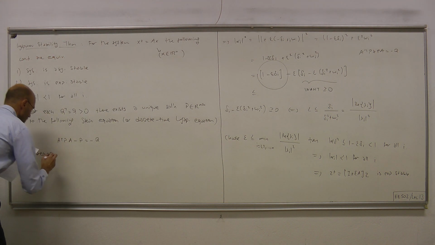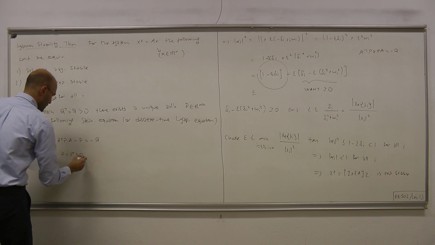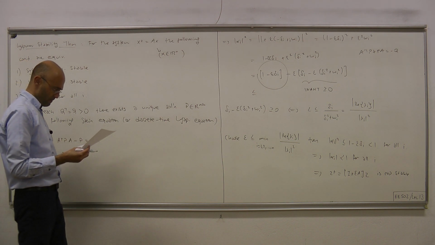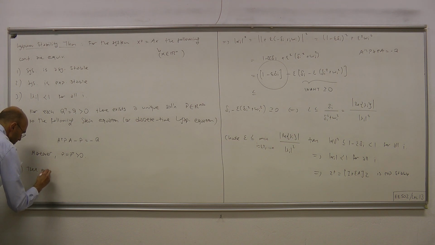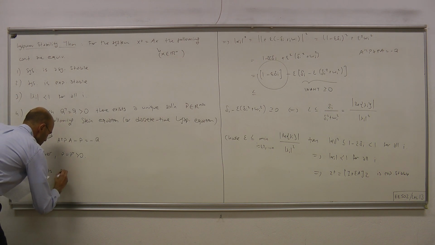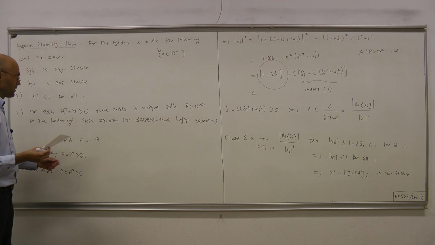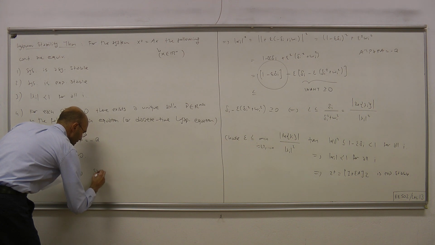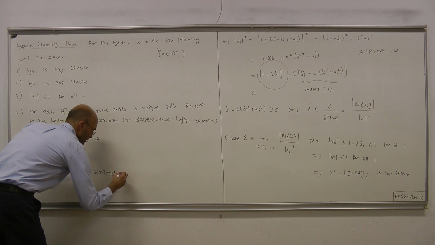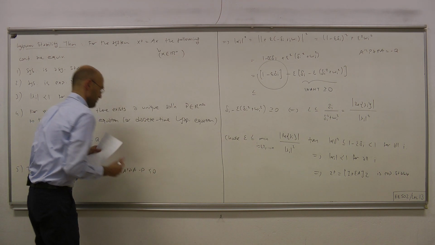Moreover, P equals P transpose, and it's positive definite. And finally, 5, there exists P equals P transpose, okay, a symmetric positive definite matrix of size n by n, satisfying A transpose P A minus P less than 0.